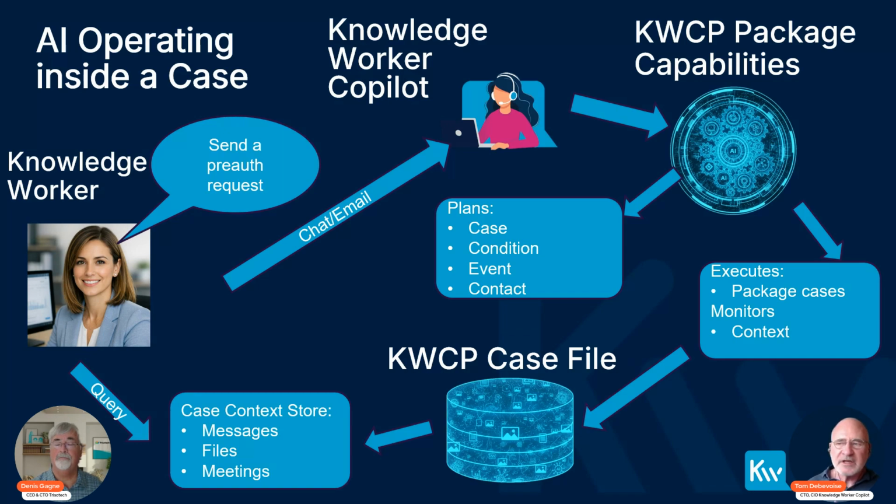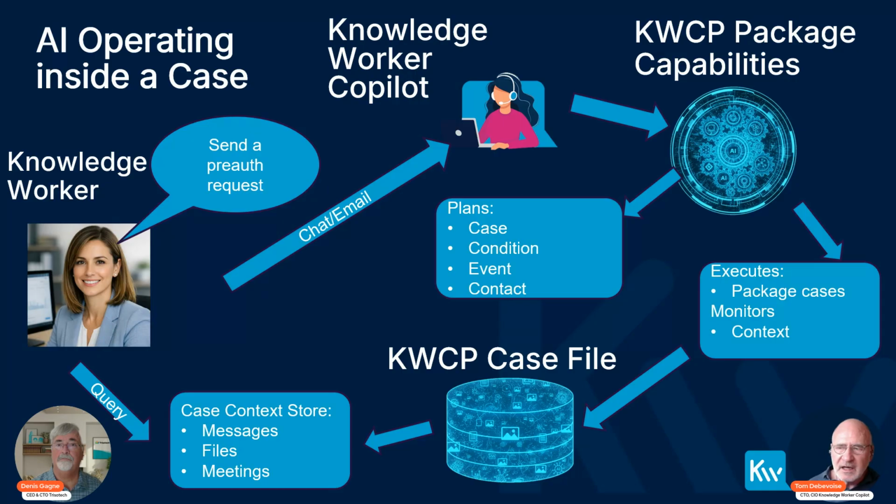Everything that's associated with that particular case ends up in our knowledge worker copilot case file. So if there are additional files and email and meeting notes, everything will end up in the same place associated with that case. So we're really going beyond a single agent.